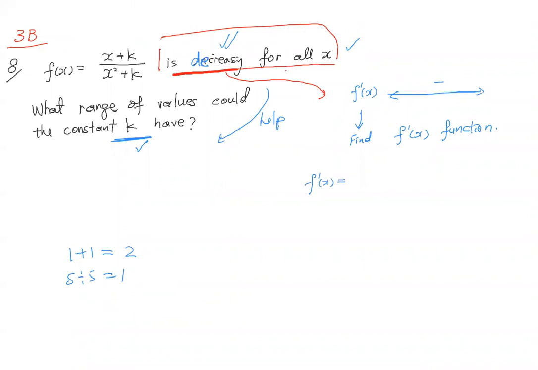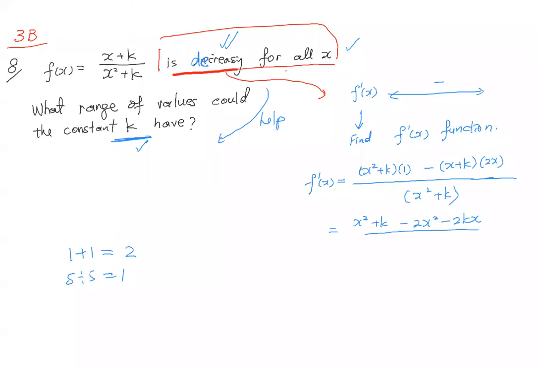it will be x squared plus k times 1, take away x plus k times 2x, the whole thing divided by x squared plus k. So I have x squared plus k minus 2x squared minus 2kx, the whole thing divided by x squared plus k, the whole thing squared.